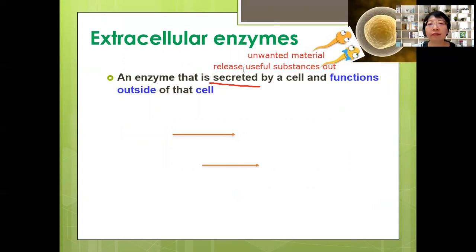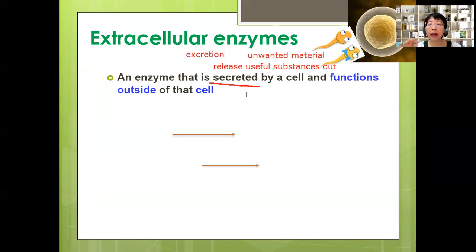Filbert, what is the term? Do you remember? Anyone remember? Okay, it's called excretion. Right. Remember, right?